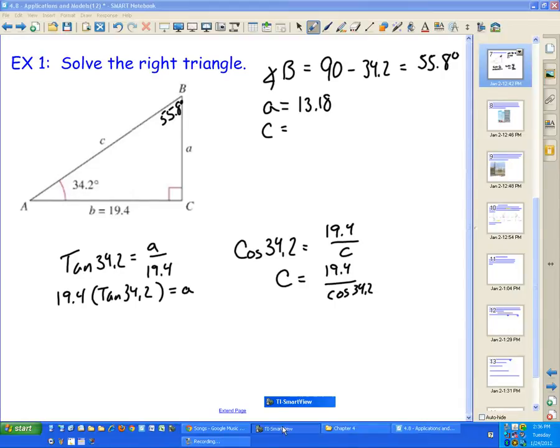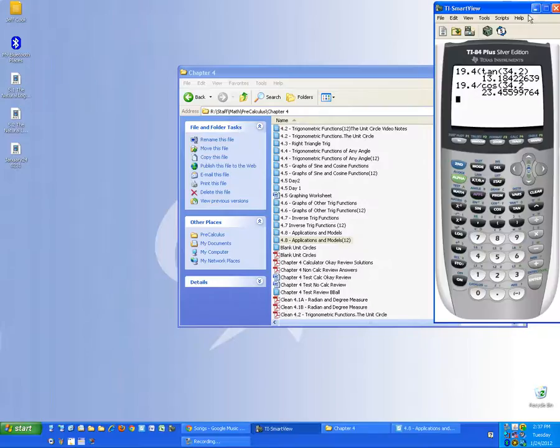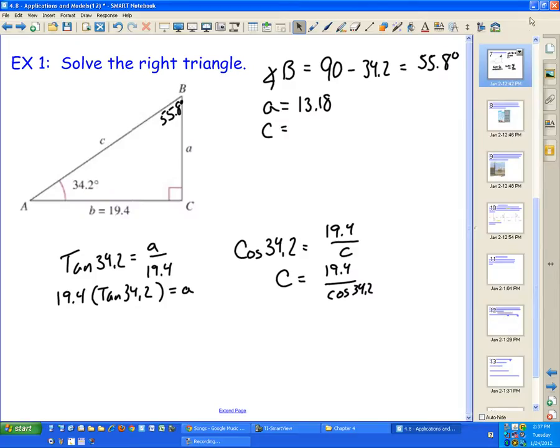So if I take out my calculator, I end up with 19.4 divided by the cosine of 34.2, and that gives me 23.46. So that is my C value, and that's solving the triangle. That's really what we needed to do.